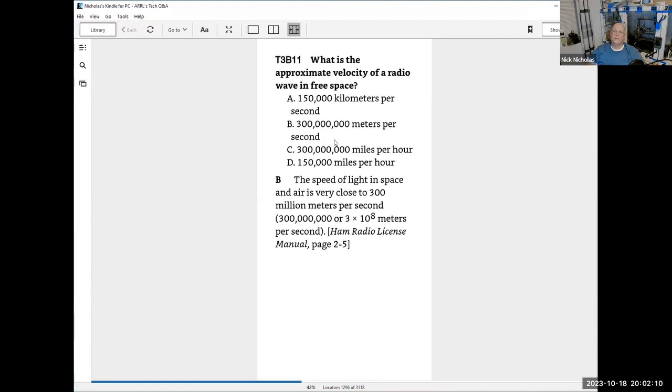Let's put things in perspective. Let's look at how big the universe is. It takes light, which travels the speed of light, 8 minutes to get from the sun to here. The sun is the closest star to us.